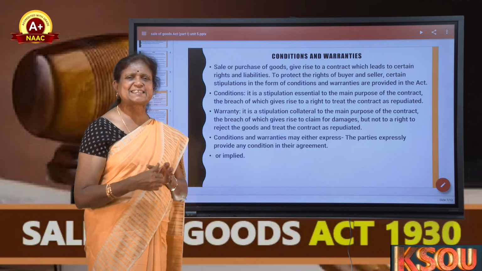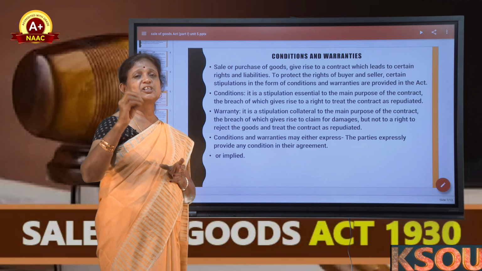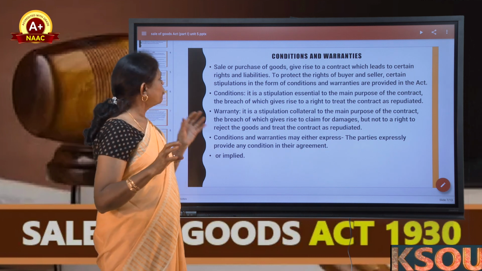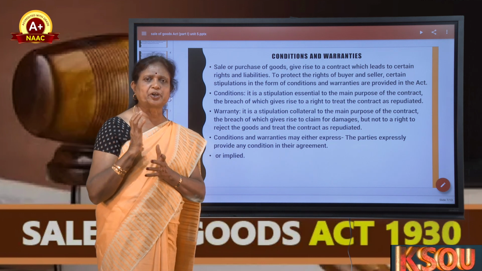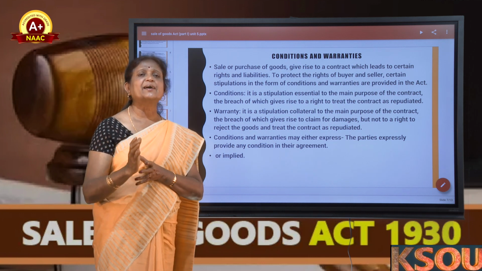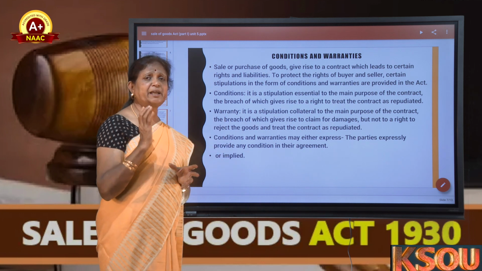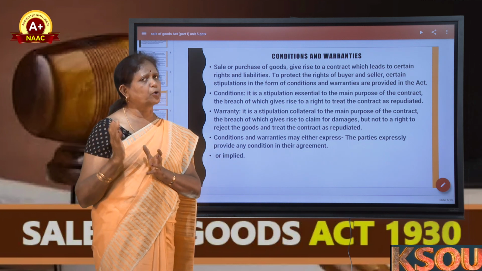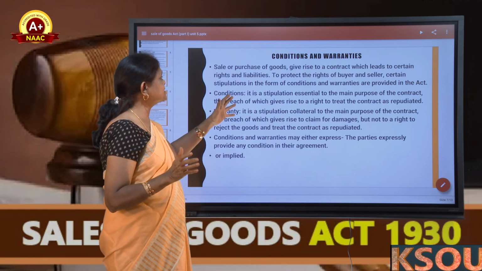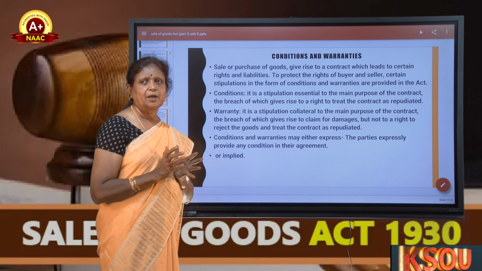If the milk is stale or contaminated, it destroys his health. So whatever goods the person buys must satisfy his needs. So some conditions must always be attached before selling the goods, and these conditions are within the contract itself.